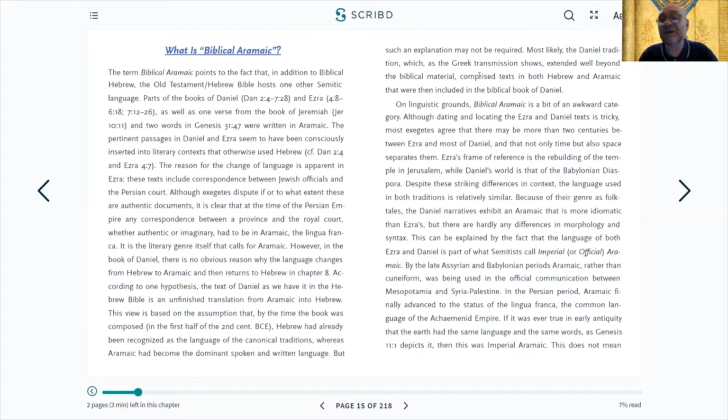But such an explanation may not be required. Most likely the Daniel tradition, which as the Greek transmission shows, extended well beyond the biblical material, comprised texts in both Hebrew and Aramaic that were then included in the biblical book of Daniel.